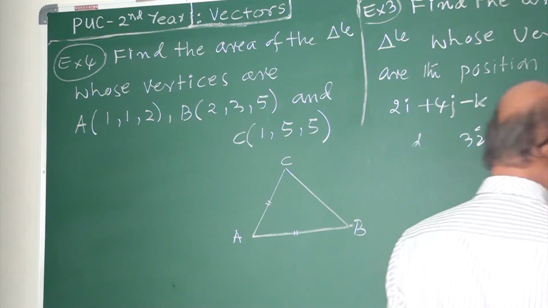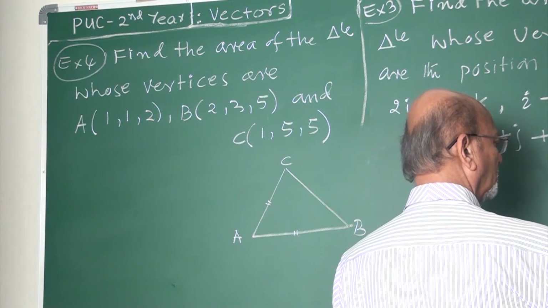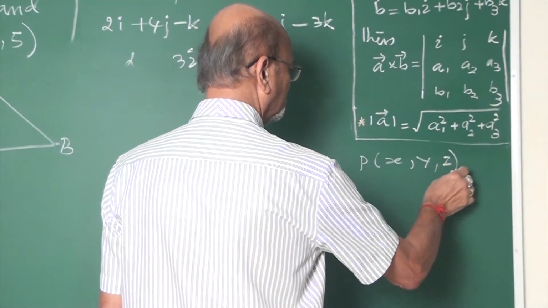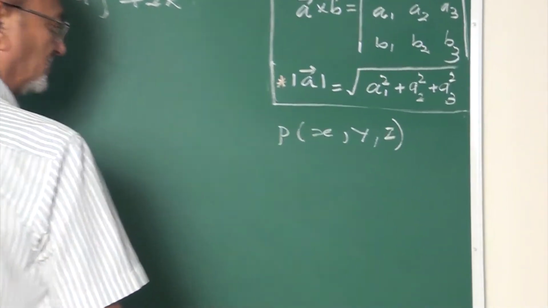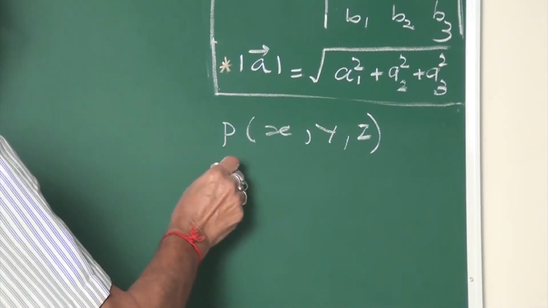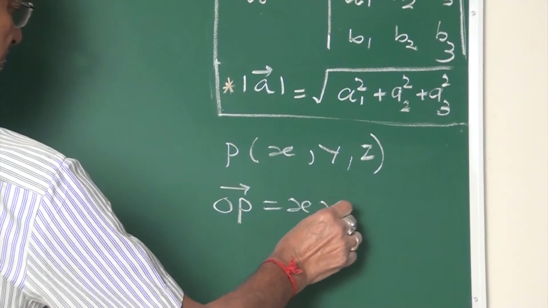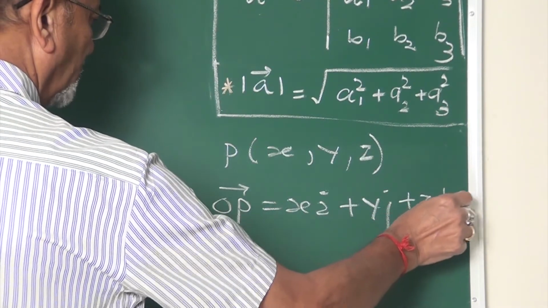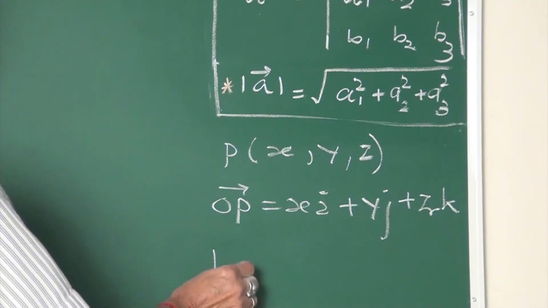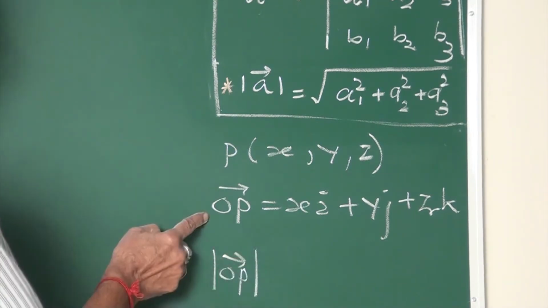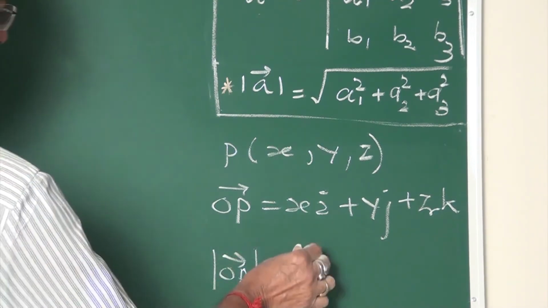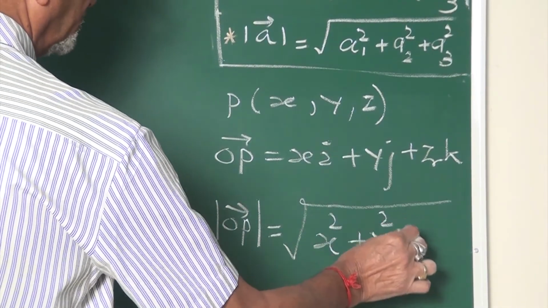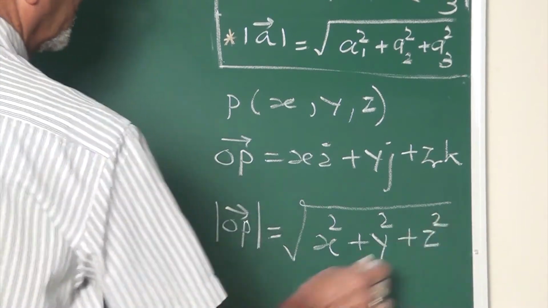If P is a point with coordinates x, y, z, then you know the position vector of the point P is x into i plus y into j plus z into k, and also the magnitude of vector OP is square root of x square plus y square plus z square.